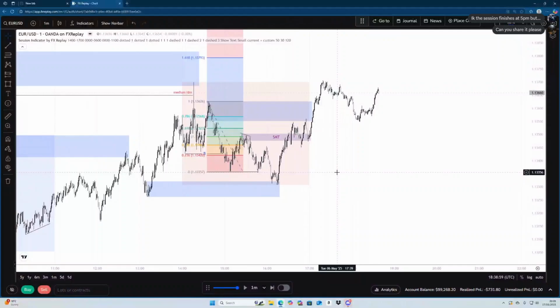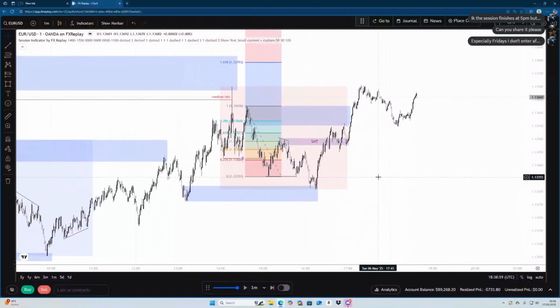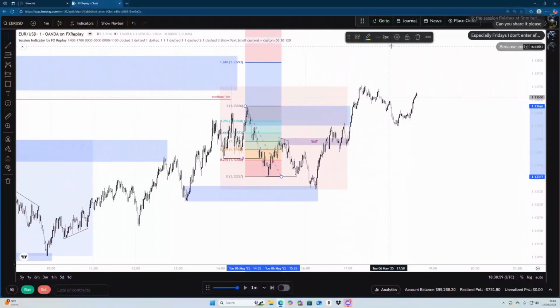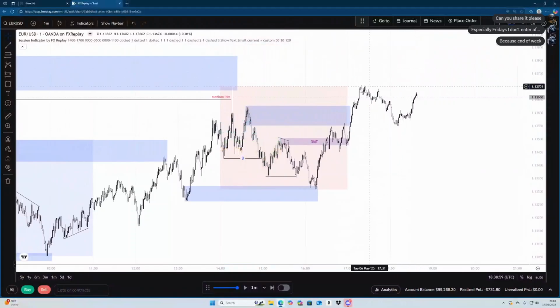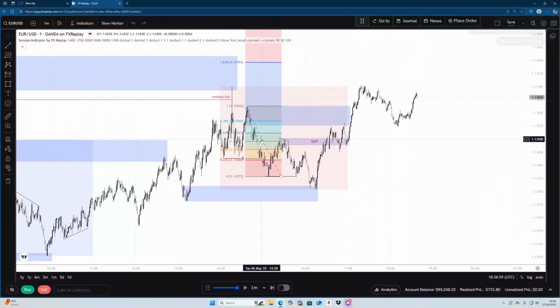But I was waiting, the perfect one would be 62, 61%, and then 78. This one is right on the 50, and this trend line that I've drawn. But it's okay. Loss is part of the game, man. Of course. I don't want to delete that supply.